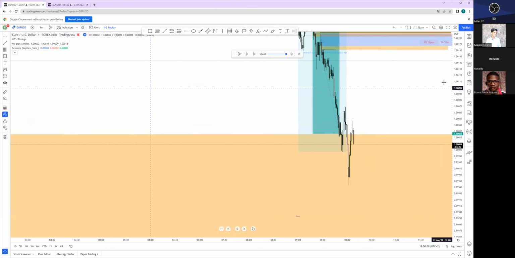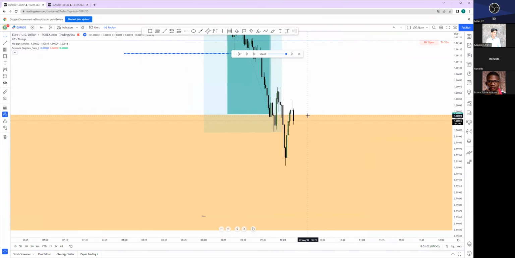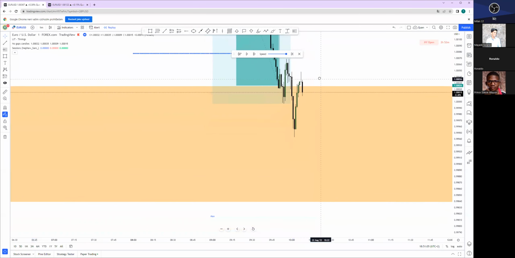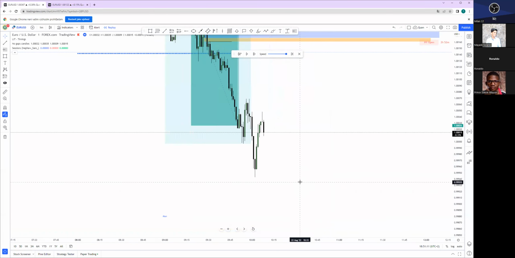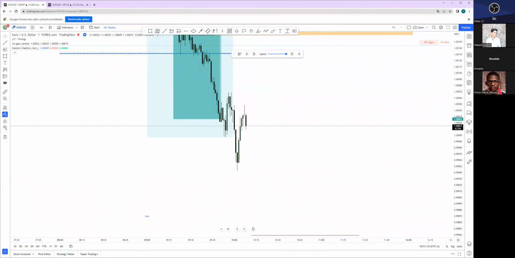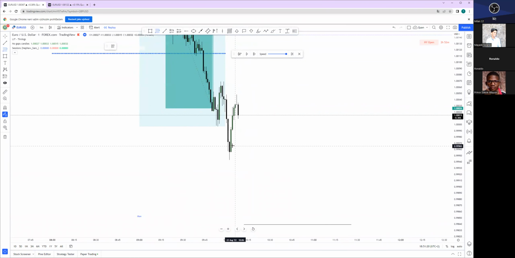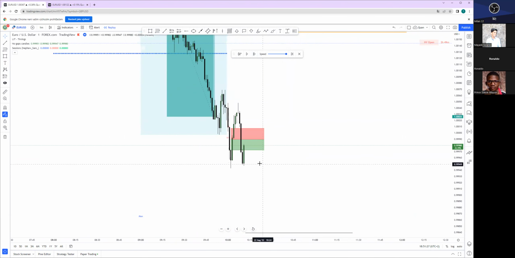So if this is a reversal point, then price will try to fill the imbalance, right? And we'll look into that. Okay, let's fill the imbalance, mitigated it.